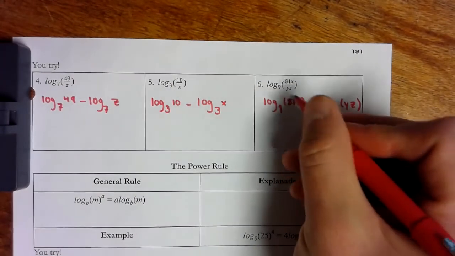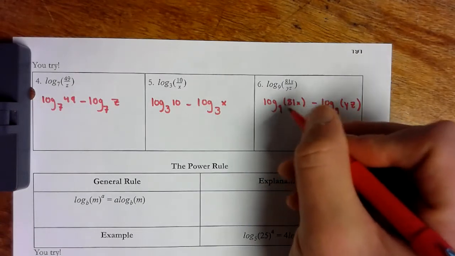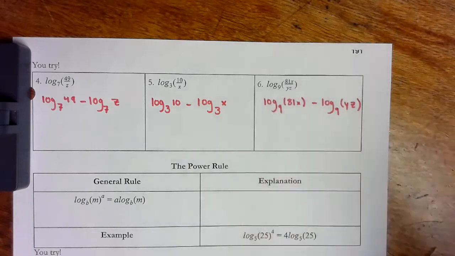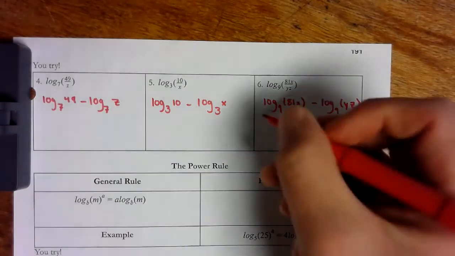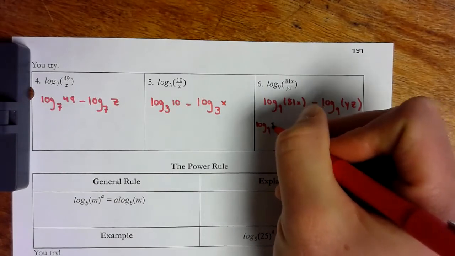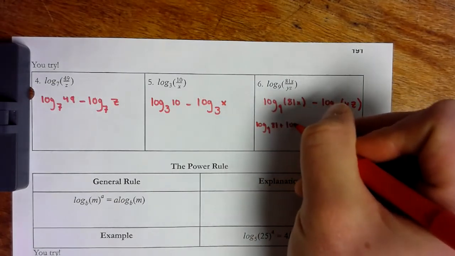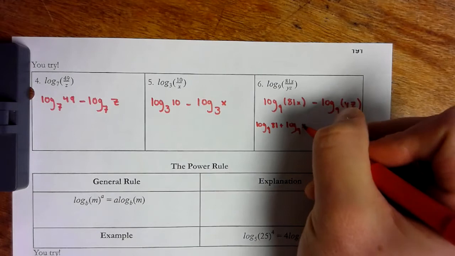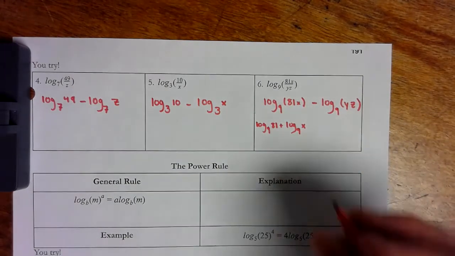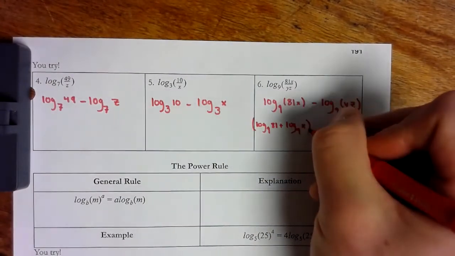So what I can do is I can say, okay, since I'm subtracting these, I can go ahead and take 81 and x, which is being multiplied, and I can split it up to two logs that are being added. So this is really log base 9 of 81 plus log base 9 of x. Now, because I want those grouped together and because subtraction matters, I'm going to put some parentheses around this.